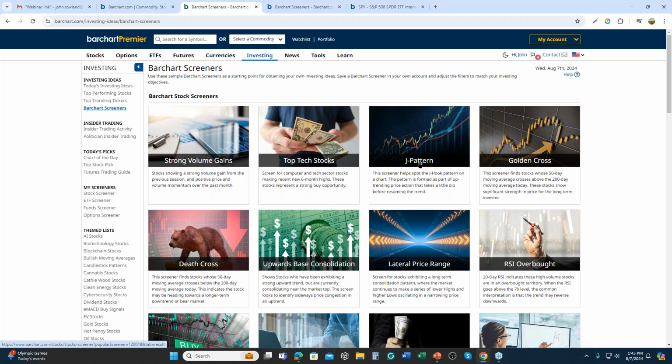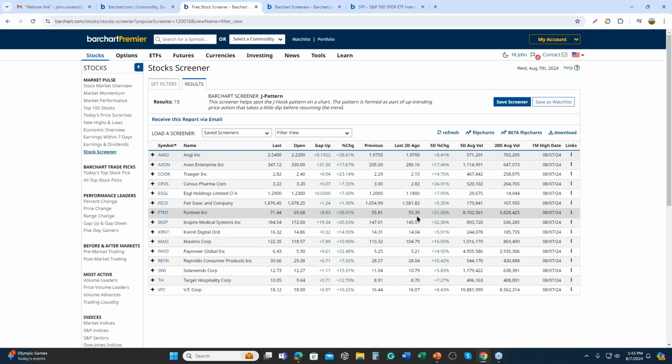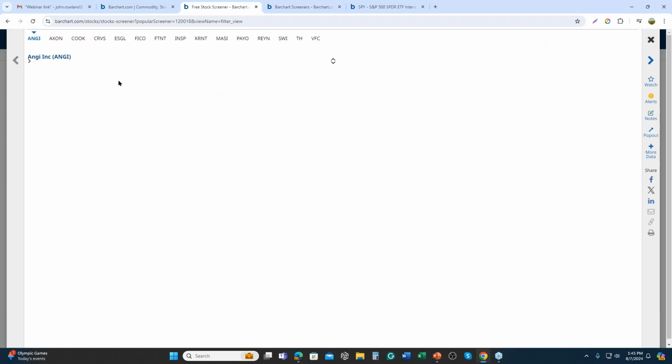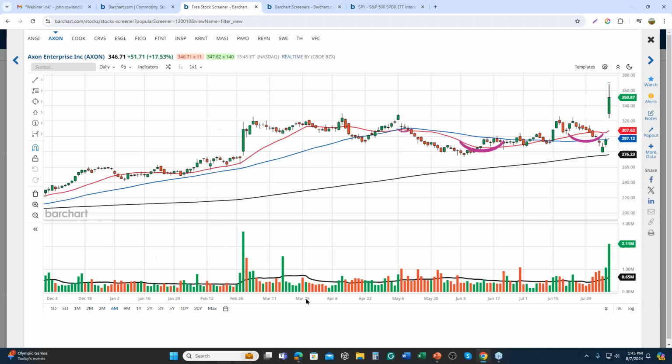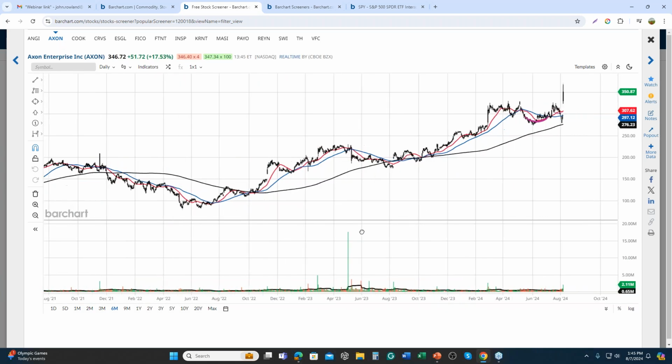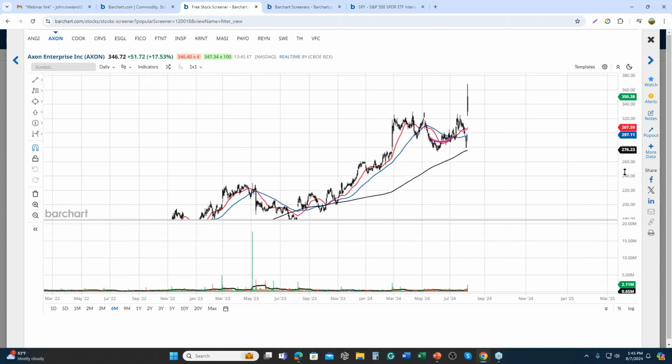These are not all going to be handle J hook patterns, but you will find those types of trades in this screener. I looked at this morning, and the one that pointed out to me was this Axon. Again, these are not all going to be cup and handles, but let's look at it here.